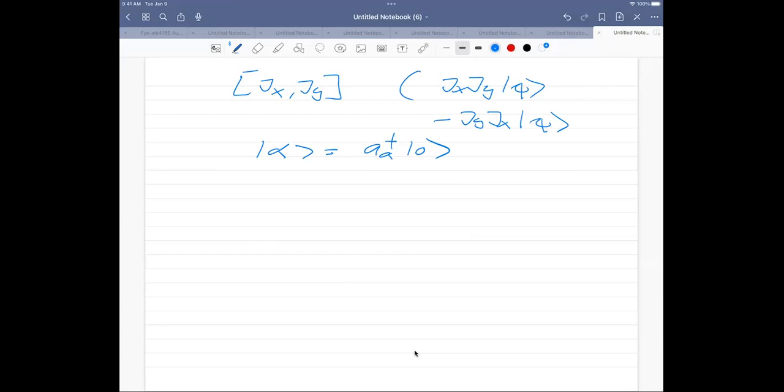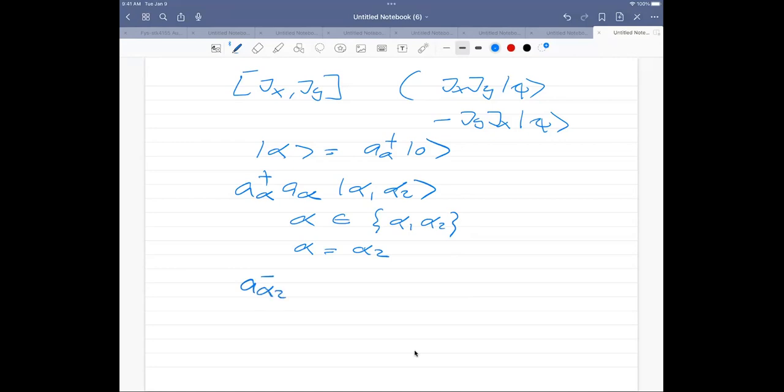So when I now have an A alpha dagger A alpha acting on this specific state, alpha 1, alpha 2, what we need to do is, if alpha is contained in this set, alpha 1 and alpha 2, suppose alpha is equal to alpha 2, then I have A alpha 2 dagger A alpha 2 acting on A alpha 1 dagger A alpha 2 dagger acting on the state 0.